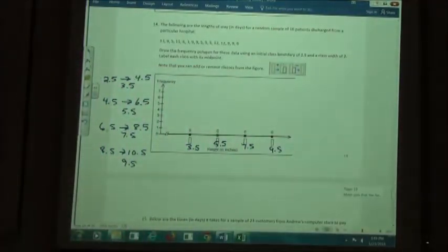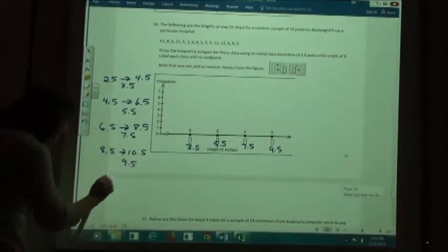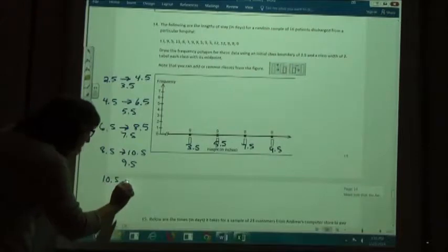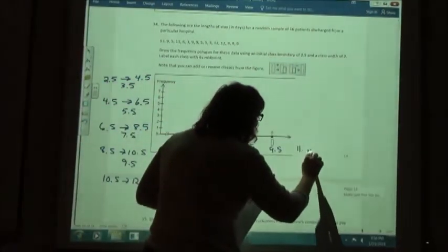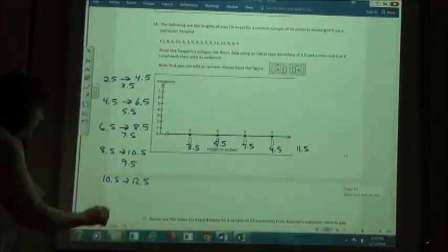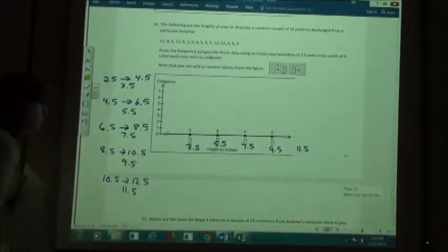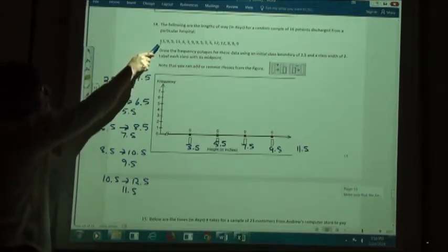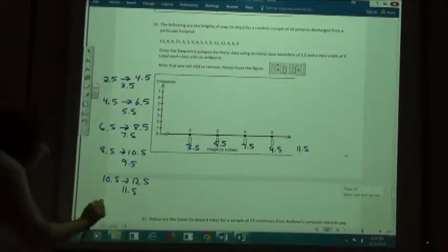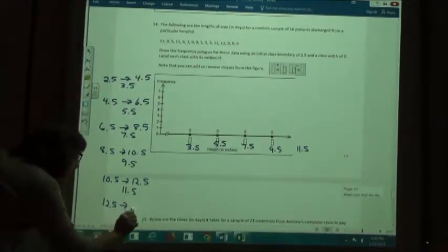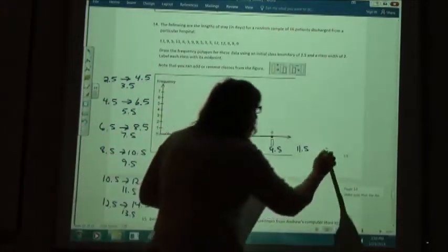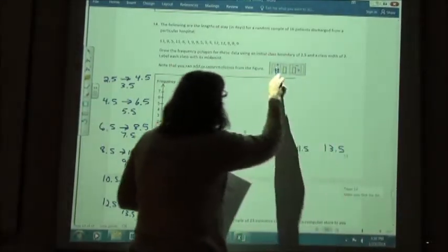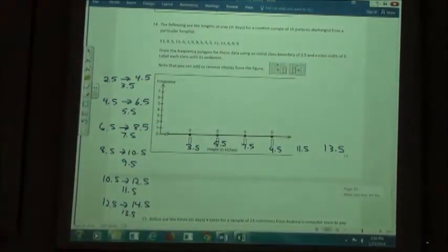I didn't look, but I have to keep going because I see I have 12s and a 13. So then we have from 10.5 to 12.5, halfway between there would be 11.5. And we still have to go another section because we still have the 13. So we go from 12.5 to 14.5, so 13.5 would be in the middle. We actually end up having to add 2 sections on this one.